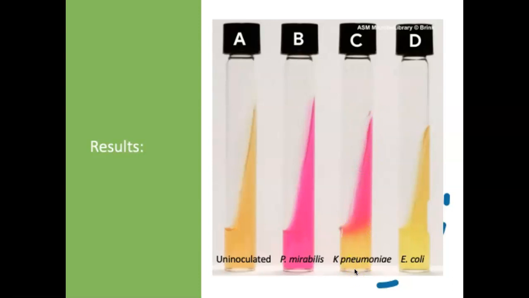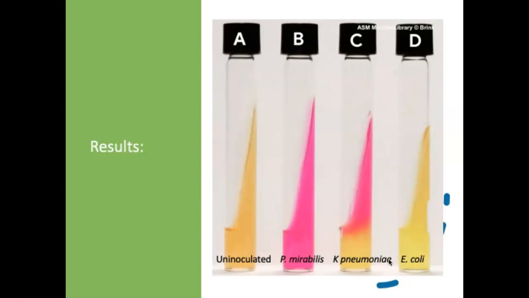I'm going to say that Klebsiella pneumoniae is urease positive. It obviously has broken down the urea to make ammonia. The pH has gone up and the medium has turned pink in this area. But the whole tube has not turned pink yet. And that's because Klebsiella pneumoniae is not rapidly urease positive.